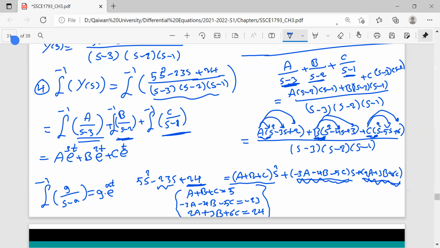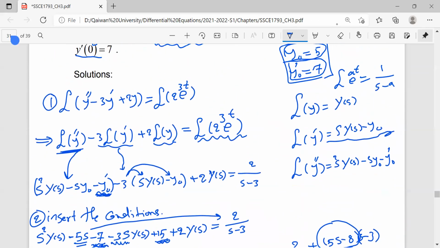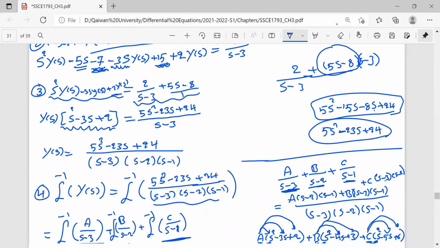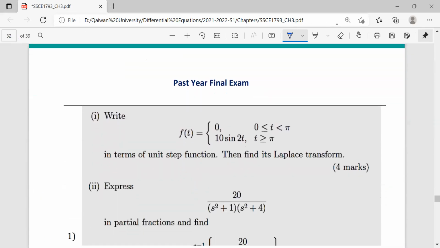If g is any constant, we just write it down as itself, and here a is the coefficient of the exponent in the exponential function. Here I'm just going to leave finding a, b, and c for yourselves. This is how to solve a differential equation or an initial or boundary value problem by using Laplace transforms.